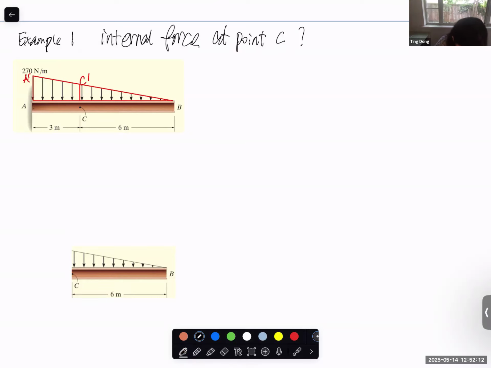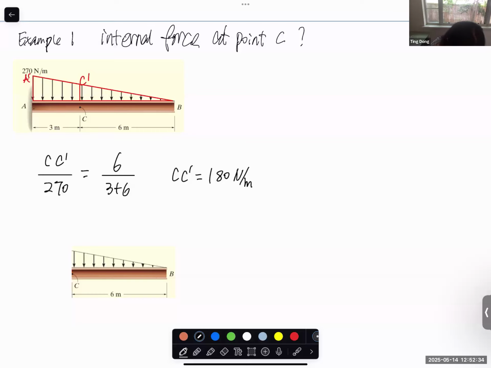Based on the similar triangles, we have CC prime, which is something we need to calculate, over AA prime, which is 270 here, equal to 6/9, right? So CC prime becomes 180 Newton per meter.